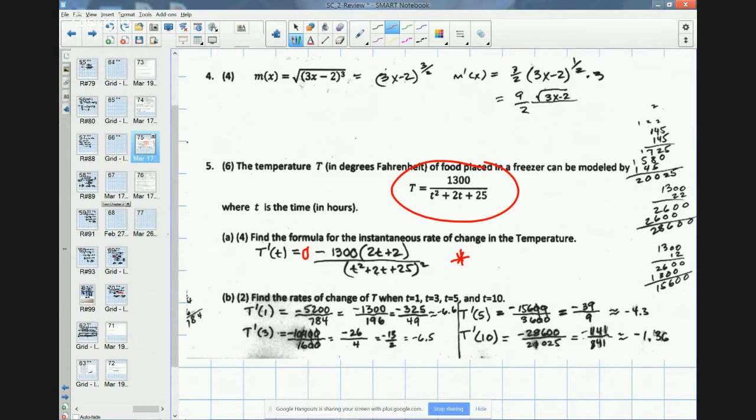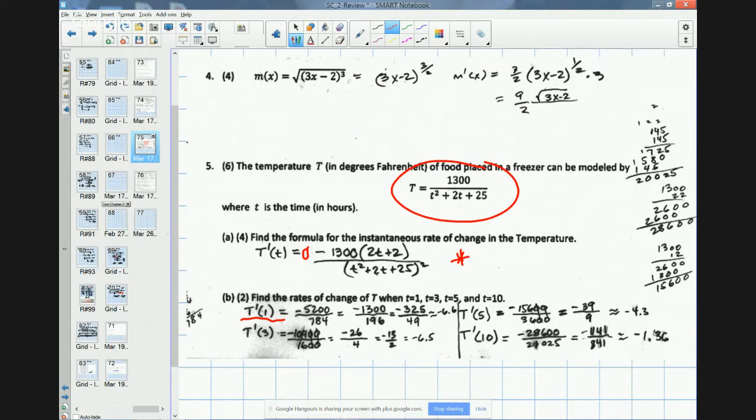There's really no need to multiply that out. Now it's just a matter in part B of plugging in, all right, what's the first derivative at 1? We don't have to go through it, but I just literally stuck in a 1. 2 times 1 is 2, plus 2 is 4.